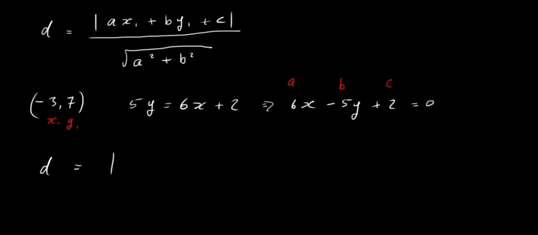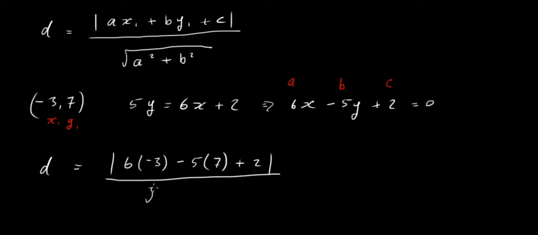So a is 6, our x1 then is -3. We have -5, which is our b, and then we replace y with y1, which is 7. Then we've got plus 2, which is our c. So that's our top line.